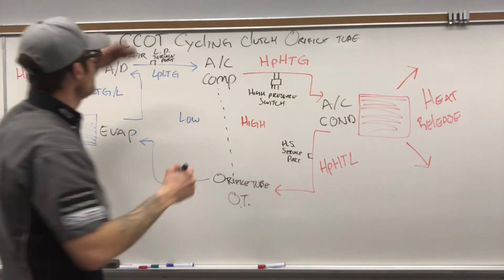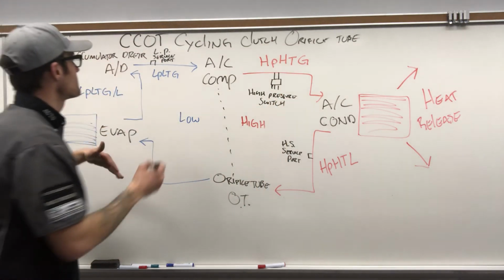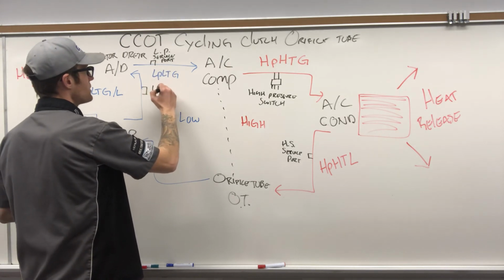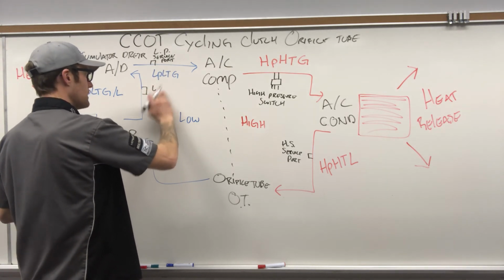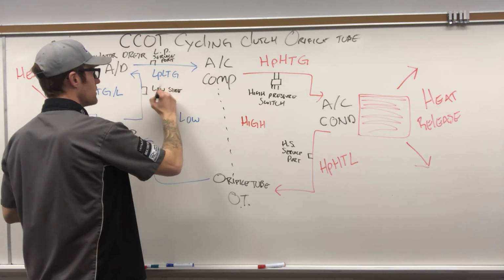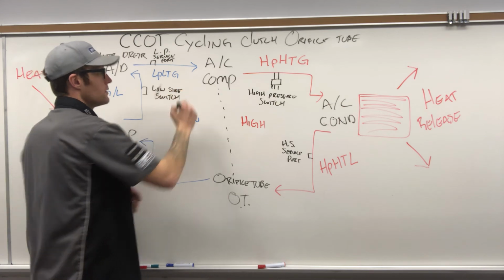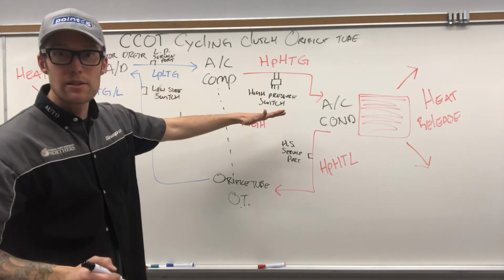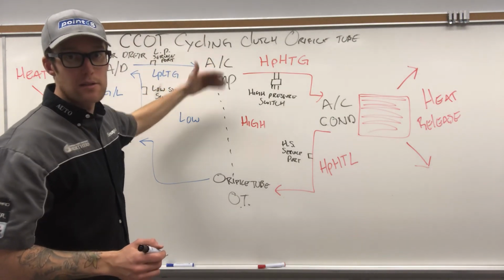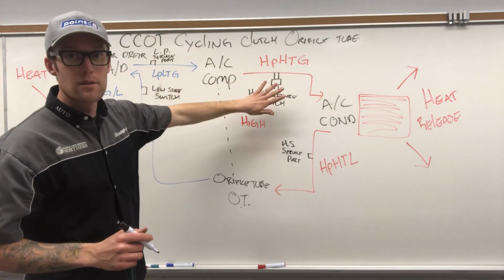And a lot of these cycling clutch systems, they're going to also have a low side switch. So the high pressure one, if I create too much pressure, it's going to open up, cut power to the compressor. So this is normally closed.